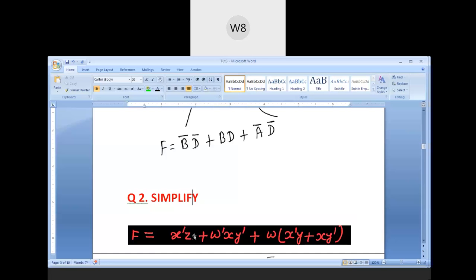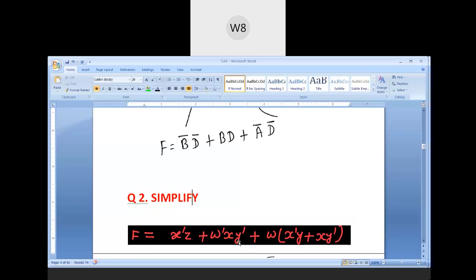So in the first term, we can multiply 1 two times, and in the first case, 1 can be represented as w plus w bar, and the second one can be converted as y plus y bar. So now you multiply and expand. Similarly, for the second term, you can multiply it with z plus z bar and then expand.